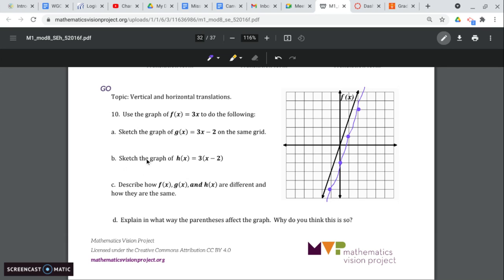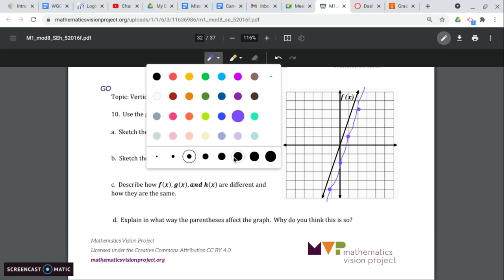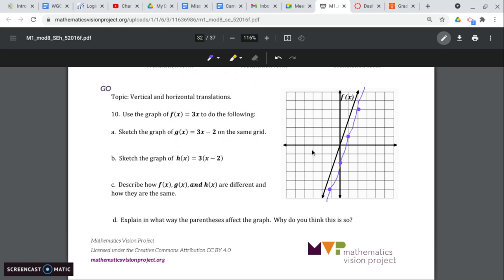Now for b, it says sketch the graph of h of x equals 3 times the quantity x minus 2. What this does is shift it to the right. So we're going to start over here at 2, and then we go up 1, 2, 3 over 1, and down 3 over 1.